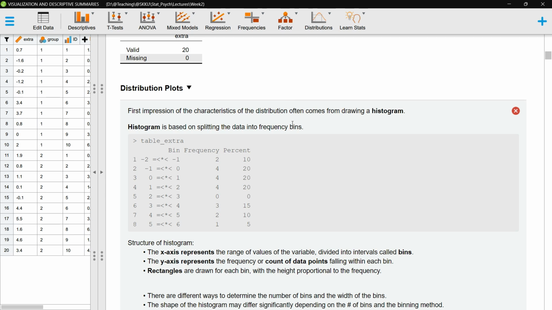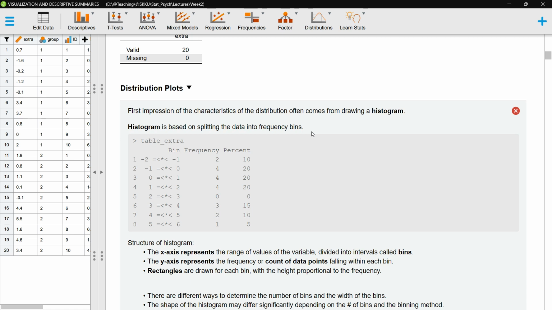The first impression of the characteristics of the distribution often comes from drawing a histogram. So in most cases, the histogram is the starting point to understand the characteristics of the distribution in terms of visualization. And a histogram is based on splitting the data into frequency bins. The histogram is pretty much the same as the bar plot for the frequency table of a categorical variable.